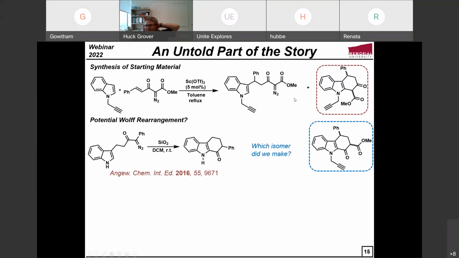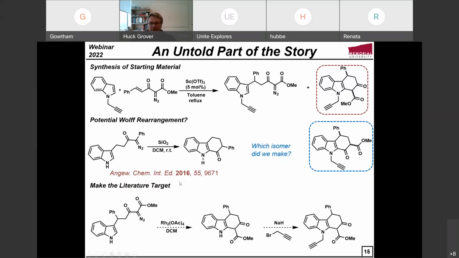And because these compounds existed by NMR as a mixture of enol and keto tautomers, it was hard to determine which one we had. So I asked my grad student to make the one that's in the literature and then append the bromide, or append the propargyl group, and see which one we have.